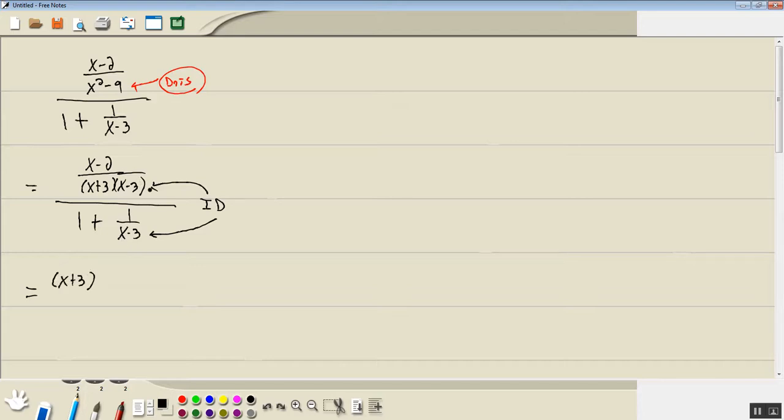I go to my next factor, which is x minus 3, and I'm looking for the greatest number of x minus 3's in a single inner denominator. 1 here, so it'll be 1. So we're going to multiply that times the top. We'll multiply it times the 1.